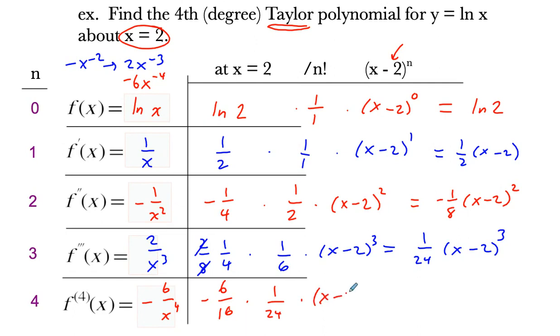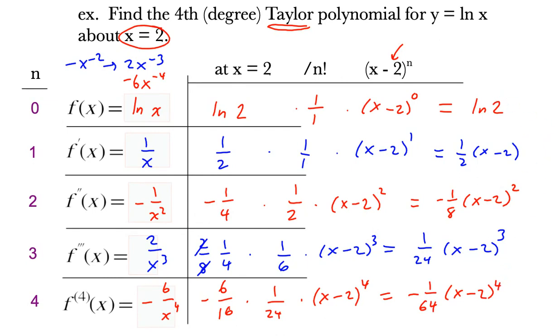And then finally, x minus 2 to the fourth power. When we do some reducing here and simplify that out, we get a value of negative 1 over 64 x minus 2 to the fourth power.